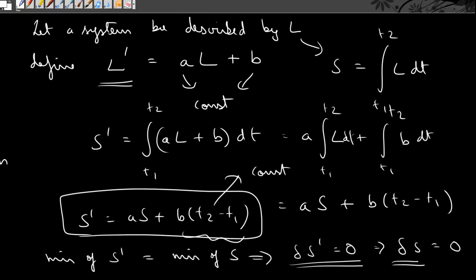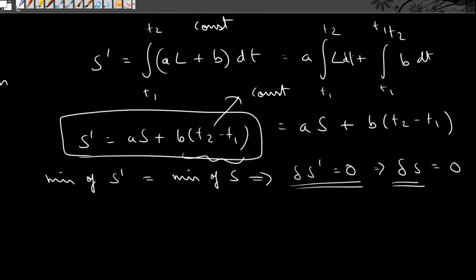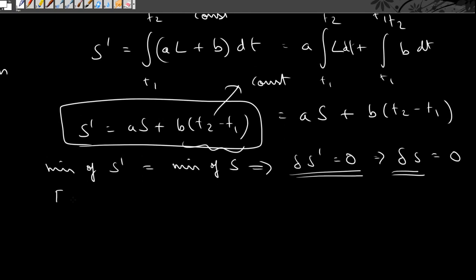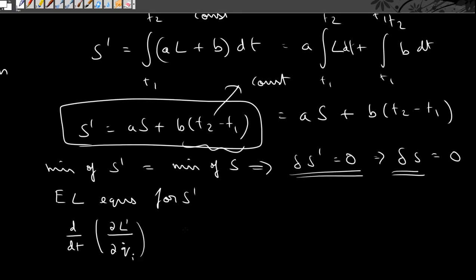So if you see the Euler-Lagrange equations corresponding to S dash and S, the Euler-Lagrange equation for S dash will be basically: d by dt of ∂L dash by ∂q_i dot, minus ∂L dash by ∂q_i, equal to 0.